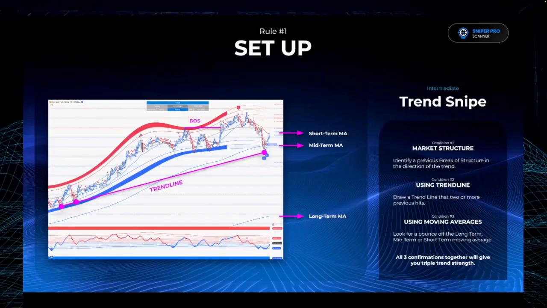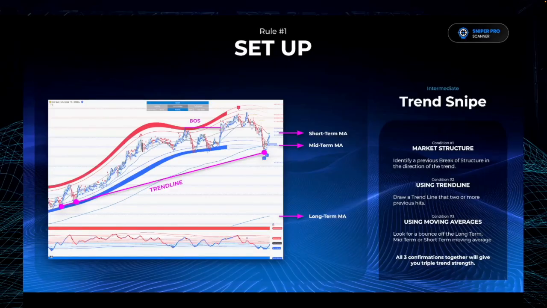Now, the third condition here is using the moving averages. You will notice on Sniper Pro, we have 3 different moving averages. We have the short-term moving average, which turns between blue and red and is floating in between the Bollinger Bands. The midterm moving average is going to be a purple line, and the long-term moving average is going to be a black line.